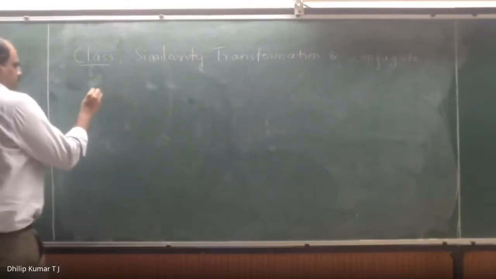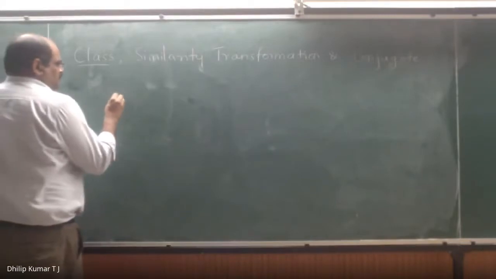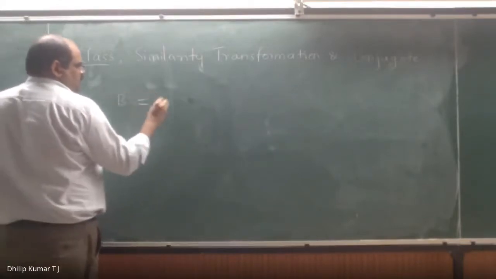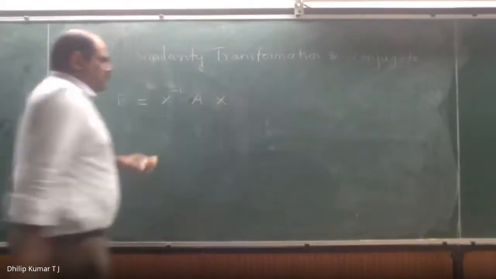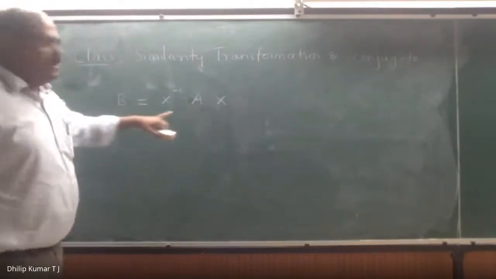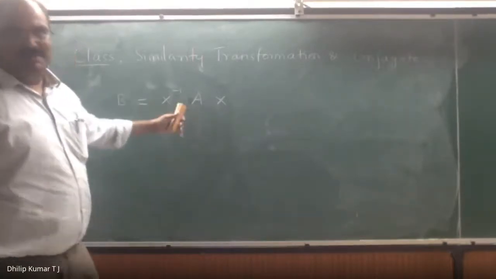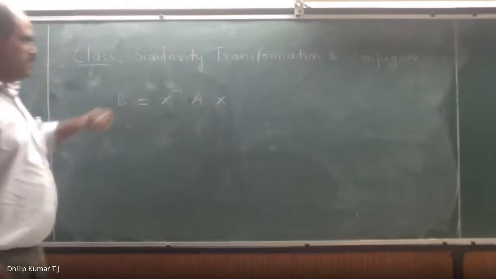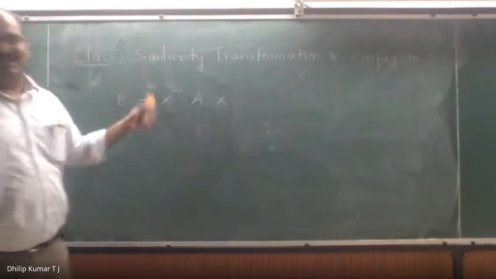So let's start with, say, you have X inverse A X equals B. A, B, and X are elements present in the group. So A is an element, B is an element, X is another element, and X inverse is also another element.